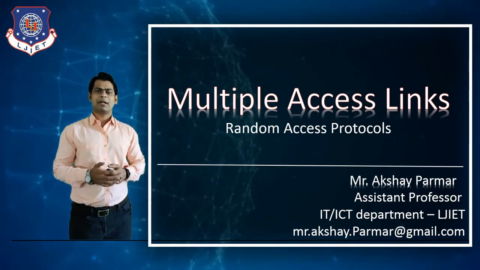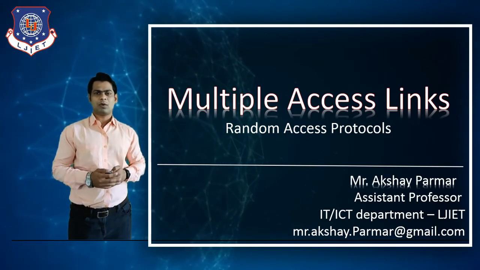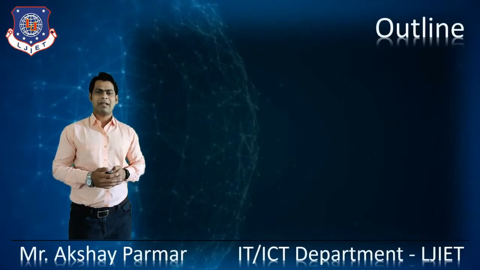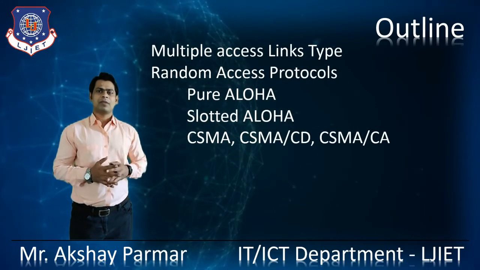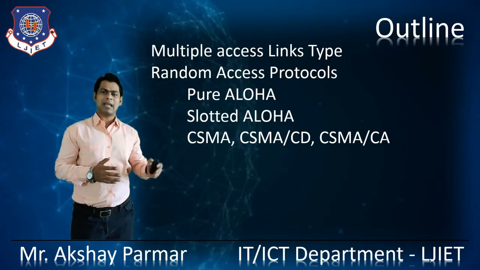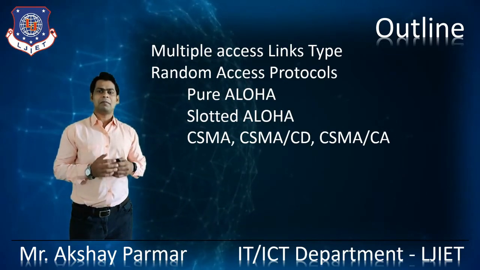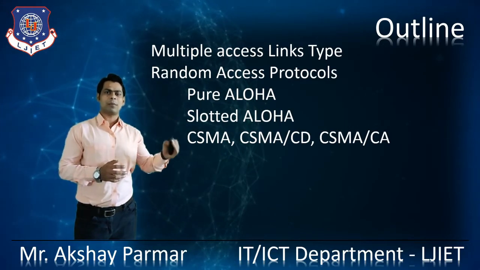Today we will discuss multiple access link and its one type, the random access protocol. Before diving into the session, let's see what we are covering. We will cover multiple access links and its types, and after that we will briefly discuss one of its types, the random access protocol.